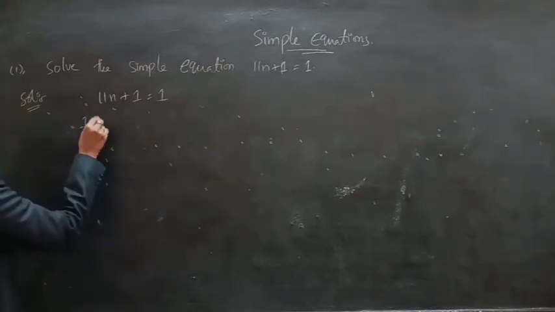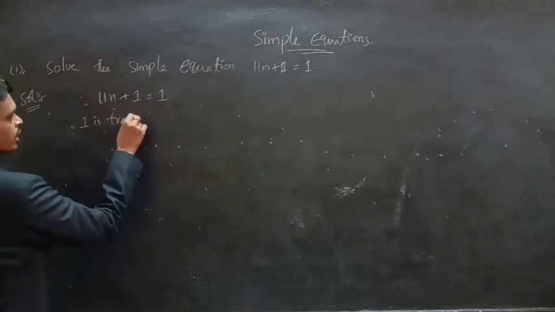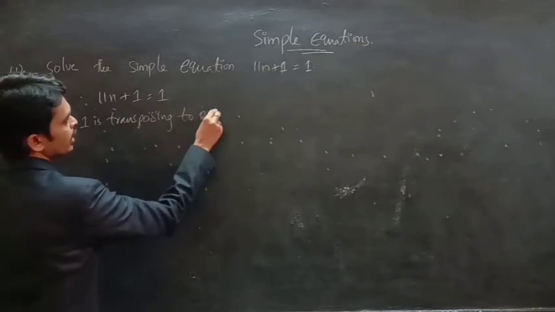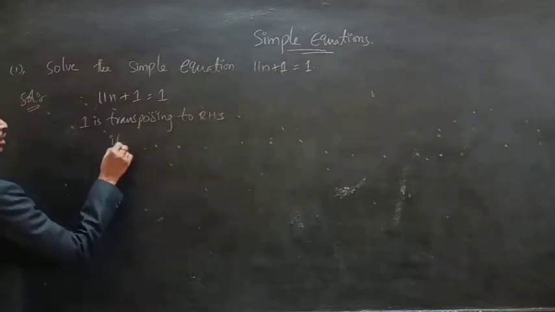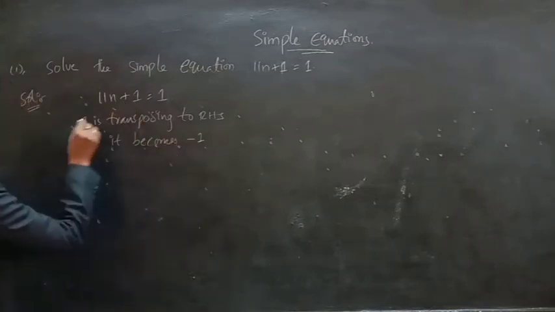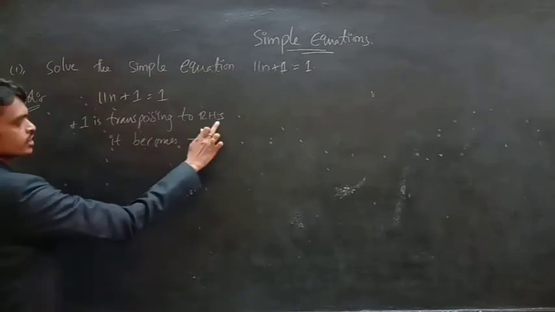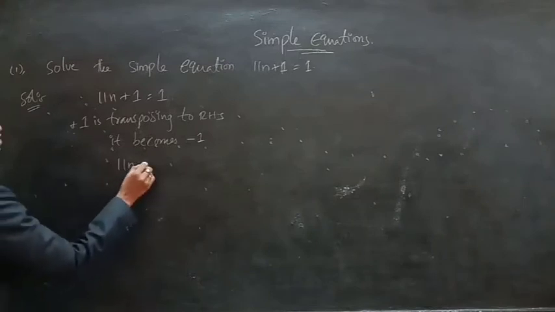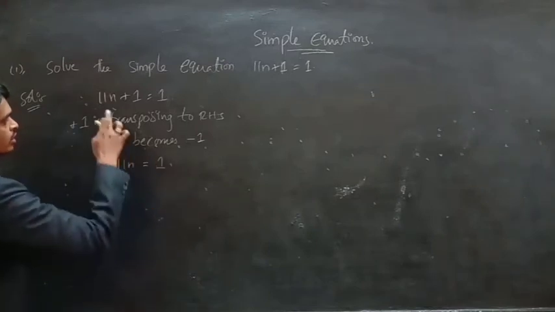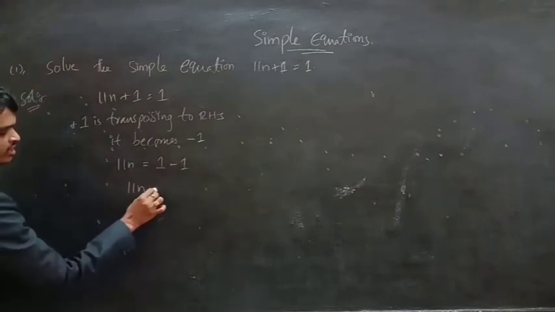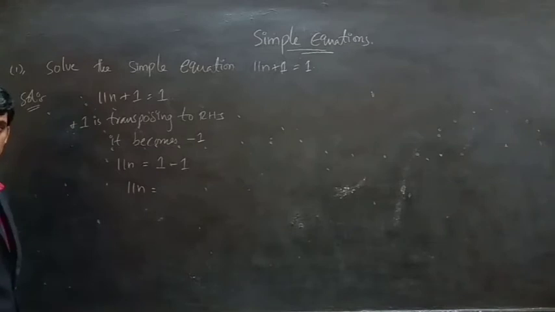So 1 is transposing to RHS, it becomes minus 1. Here plus 1 is transposing to RHS, it becomes minus 1. Then 11n is equal to 1 minus 1, which is how much? It becomes 0.